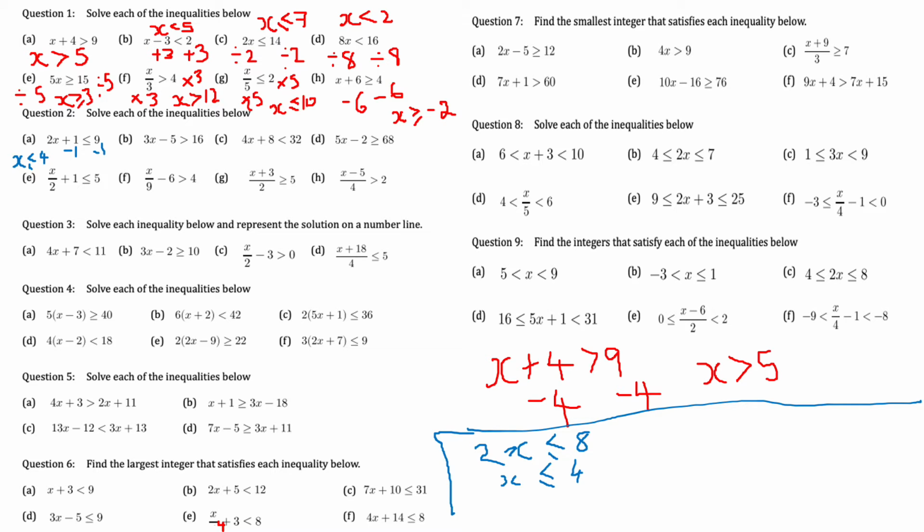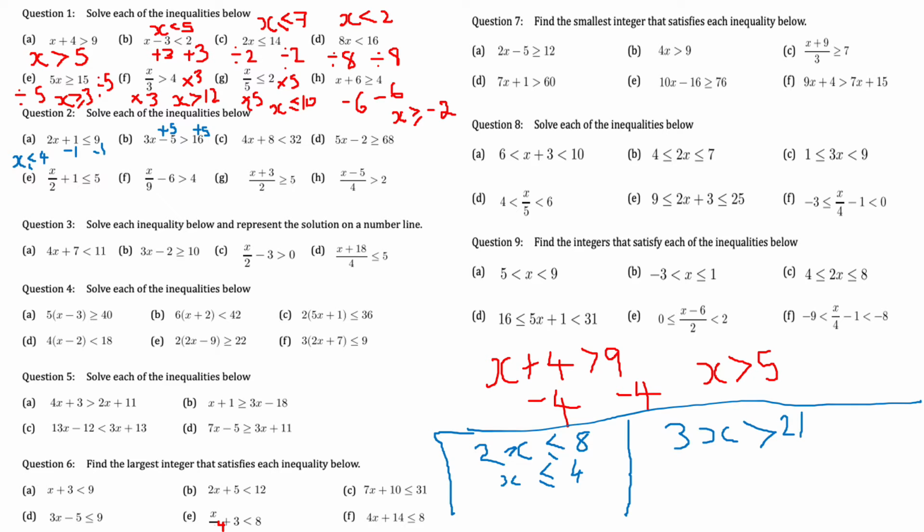Question 2 is requiring 2 steps, guys. Question 1 requires 1 step to get my answer. Question 2 requires 2 steps. For part B, 3x minus 5 is greater than 16. Adding 5 to both sides, I get 3x is greater than 21.